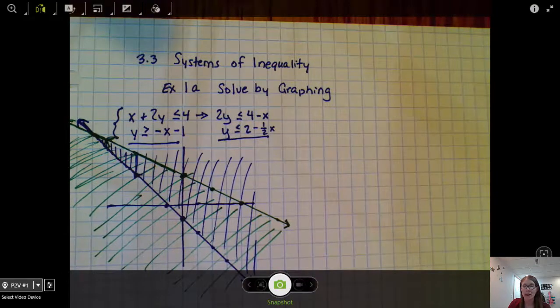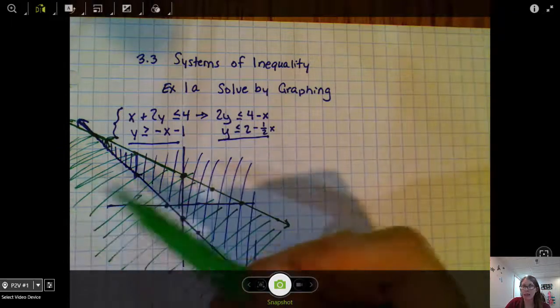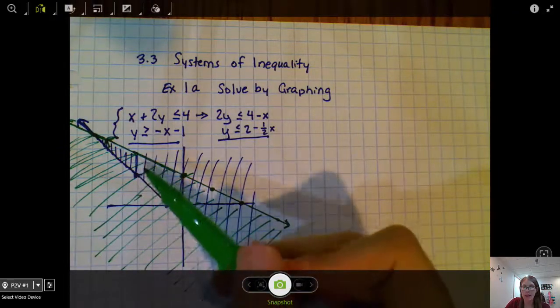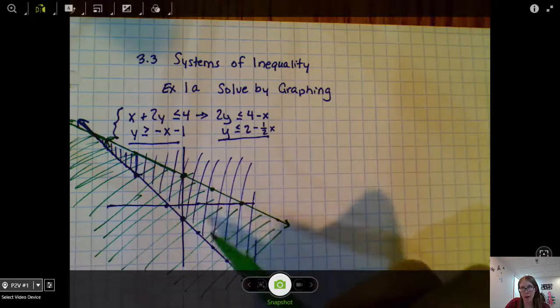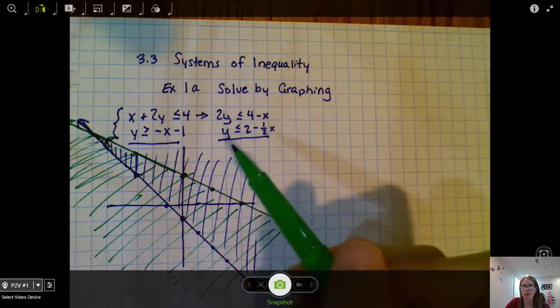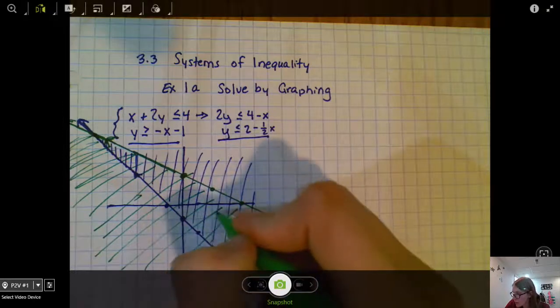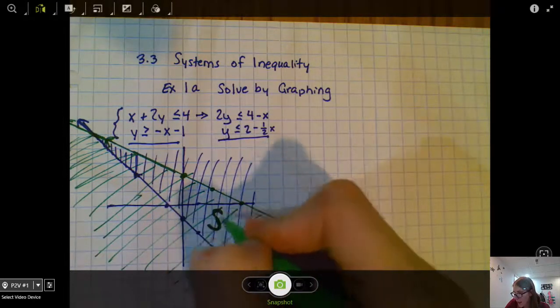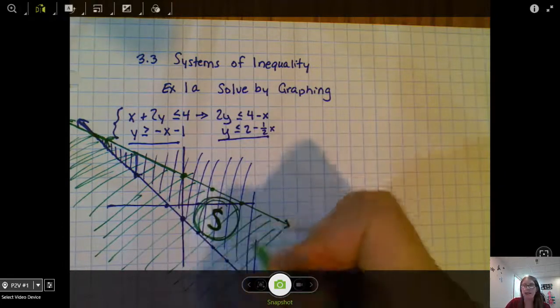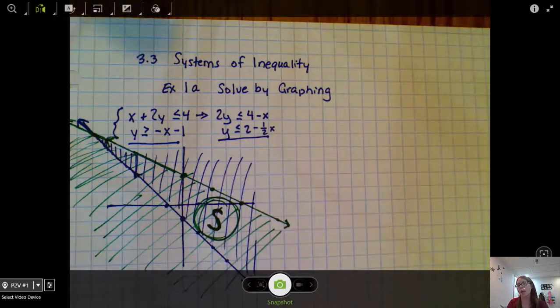And the solution to my system of inequalities is wherever my shaded regions overlap, because that means anything in this double shaded area, our ordered pair works for both of our inequalities. So I usually like to symbolize that this is my solution by writing an S in that double shaded region, just to know, hey, this is actually our solution.